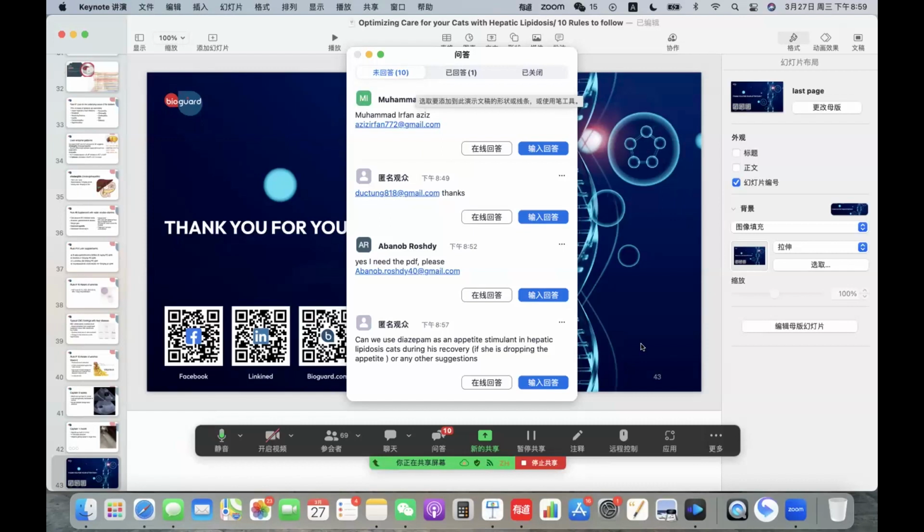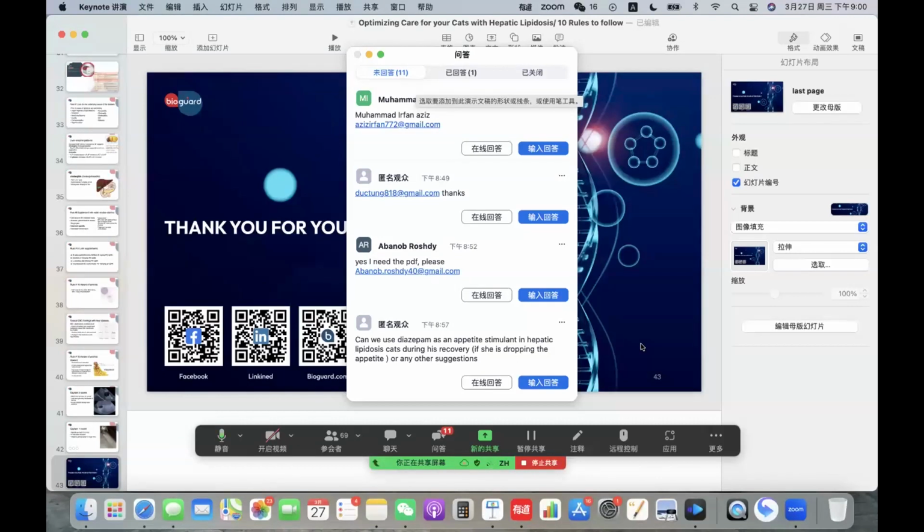I'm not sure. I haven't seen any information about diazepam, and diazepam is a medicine that is metabolized in the liver. Even when we need to do anesthesia for a liver disease cat, commonly I may not choose diazepam as my first choice, because it may increase the risk of liver damage.